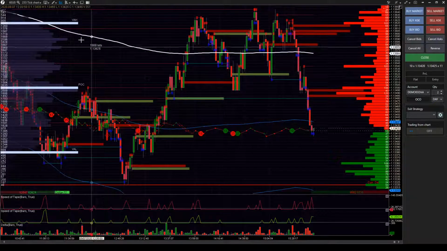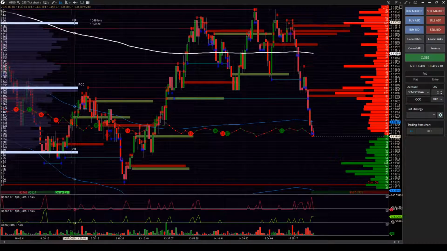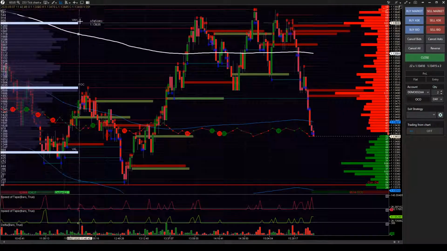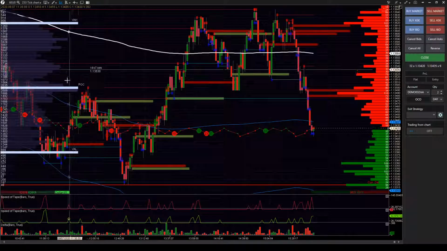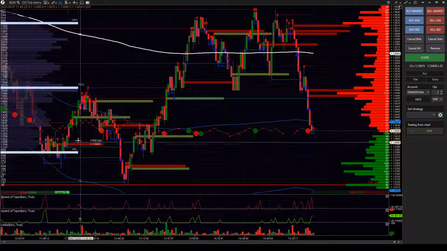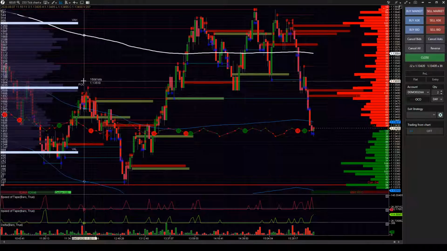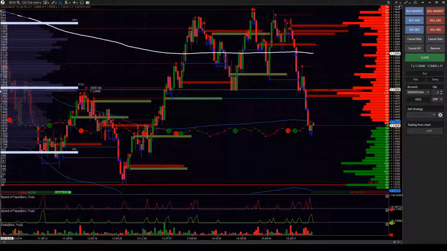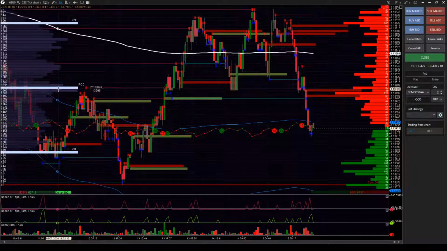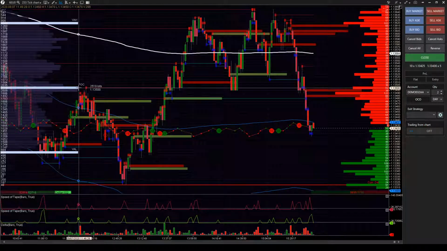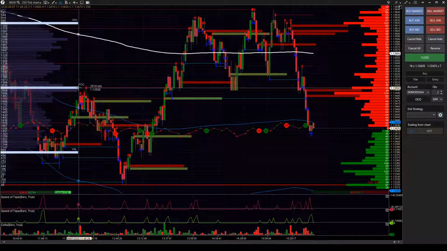Okay, and these white lines here are the volume value area high, point of control, and value area low. These are volume based. So point of control is the most traded price of today. You can see 2,519 lots on this price.